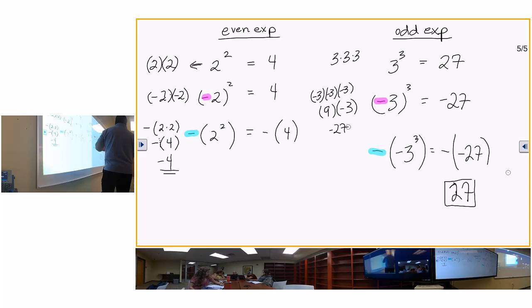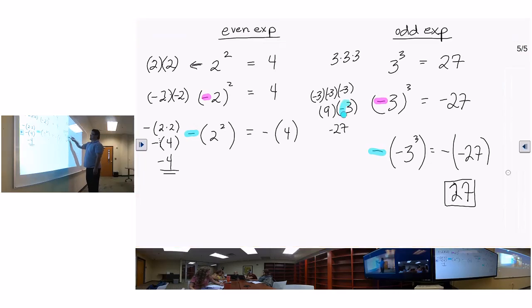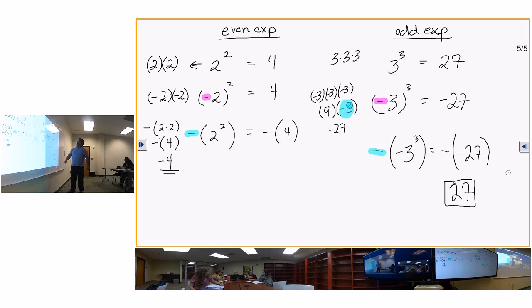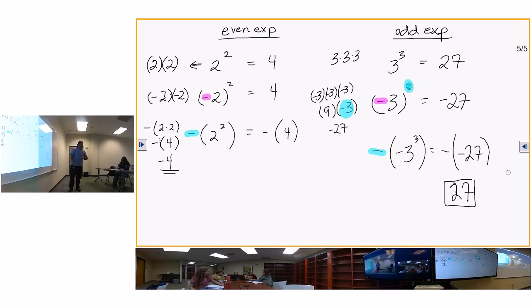What's extra after 6? 7. That odd exponent has that negative out here that does what to the final answer? It makes it negative. That's why if you have a negative to an odd exponent, it will always be negative because of that negative that's extra out there.